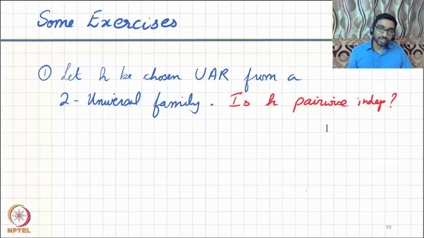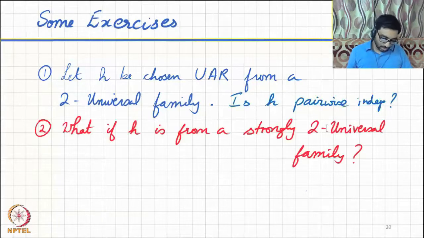Now let us suppose H is drawn uniformly at random from a two universal family of hash functions. My question is, is H pairwise independent? Think about that. And answer the same question now under the context of drawing H uniformly at random from a strongly two universal family of hash functions. Is H now pairwise independent?